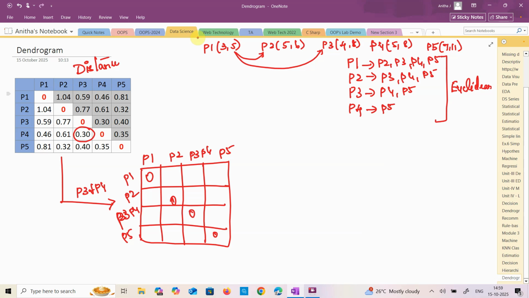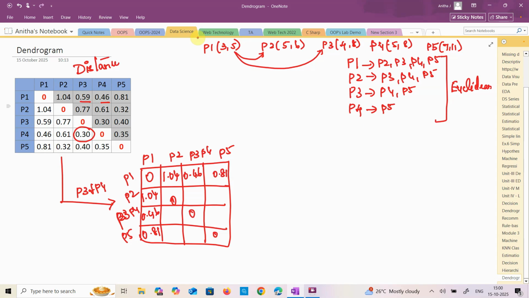Now go with P1 to P2, no change. Then P1 to P3 and P4 merged together, the minimum is 0.46. Then P1 to P5 is 0.81. You repeat the same values since it is a symmetric matrix. Now go to P2.